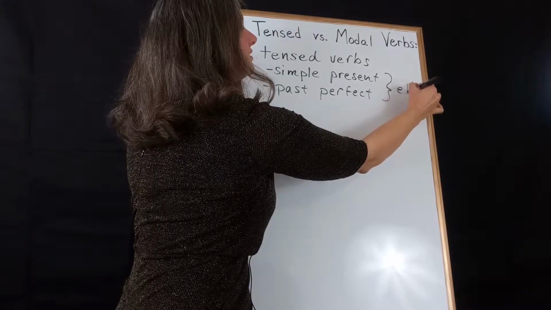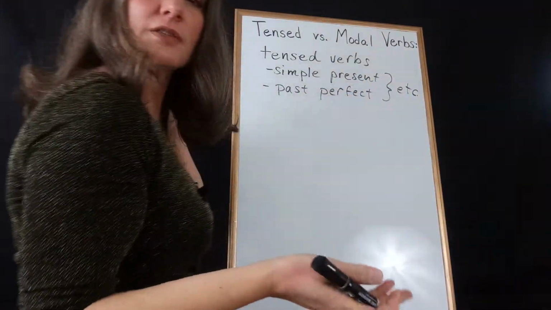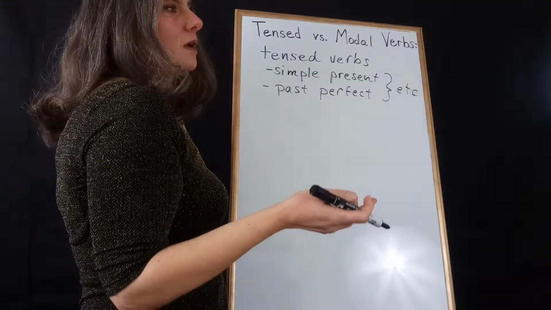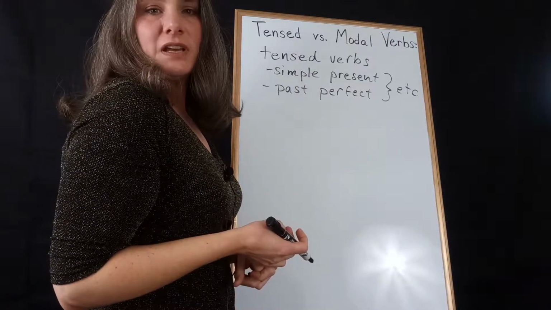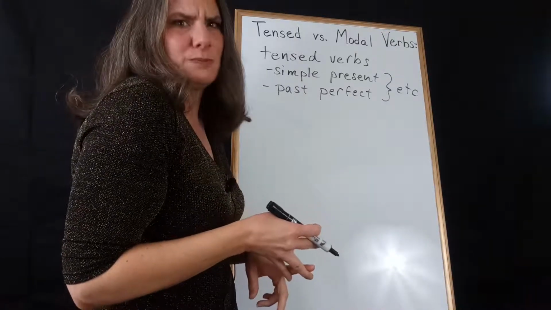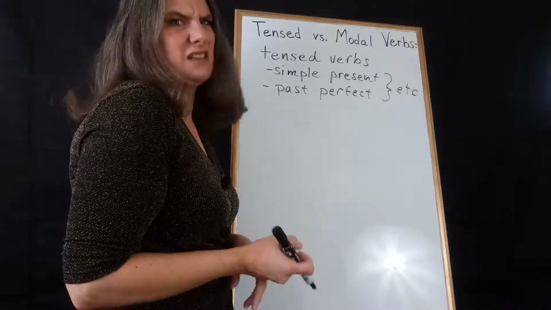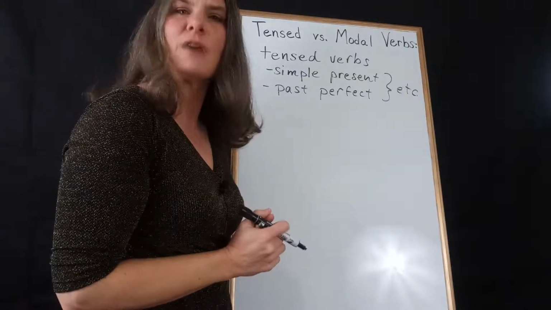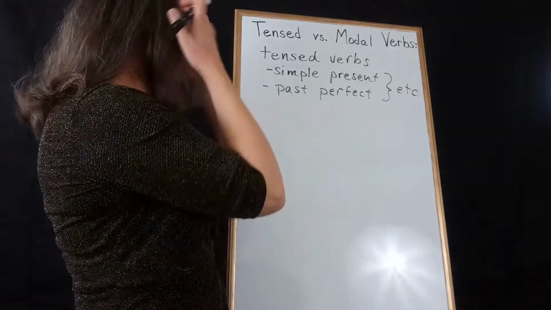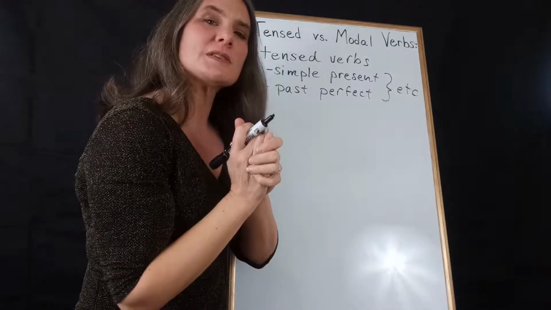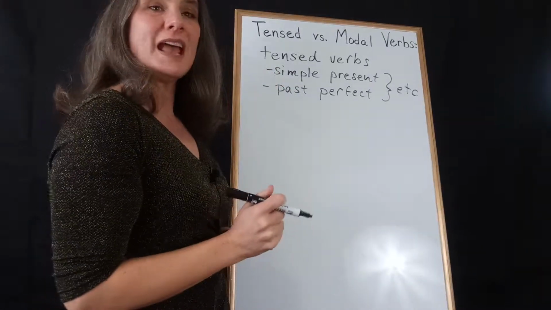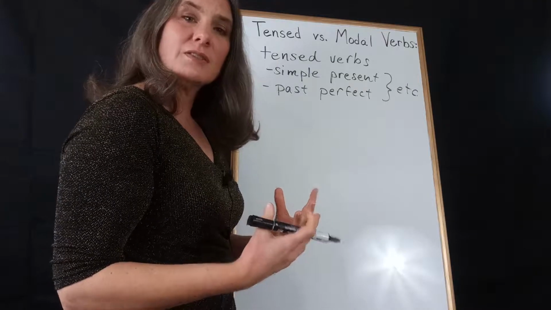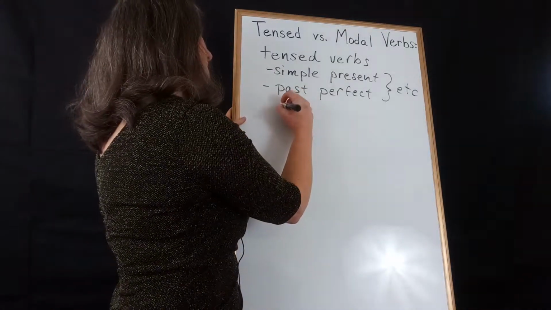Those are just two examples. They have lots of other names too. Present perfect, past perfect, progressive, things like that. They can be a little scary sounding sometimes, okay? So most verbs are this type of verb, and the verbs change. They change to match their subject.